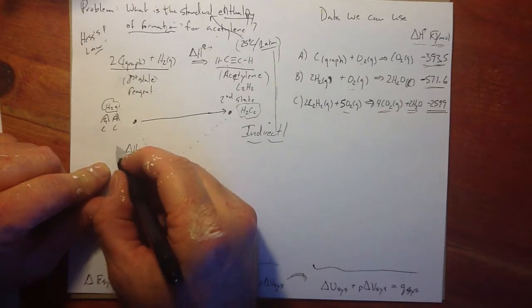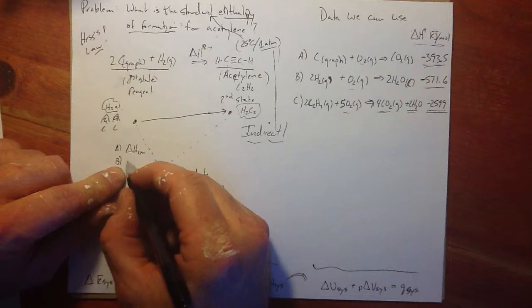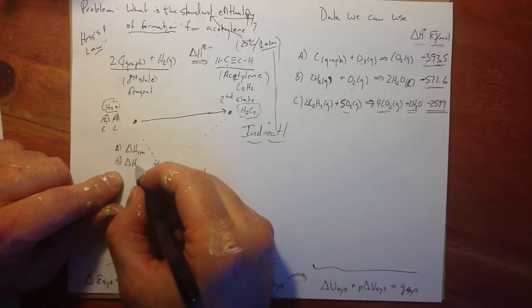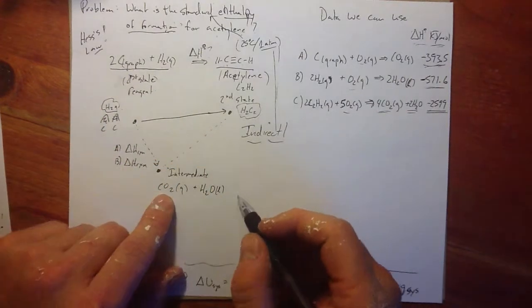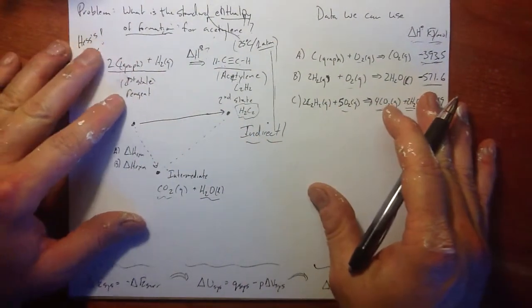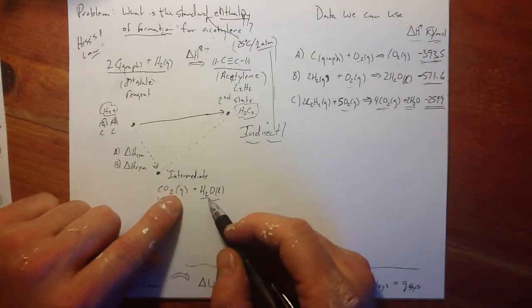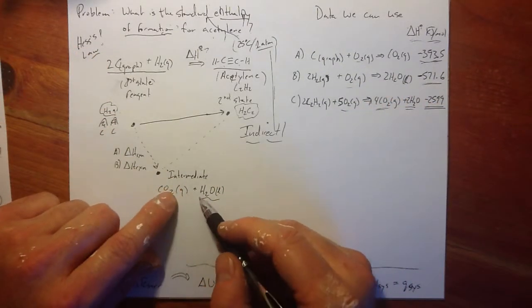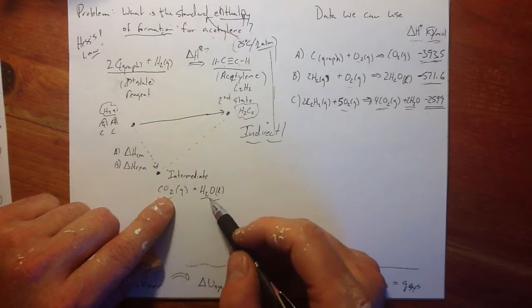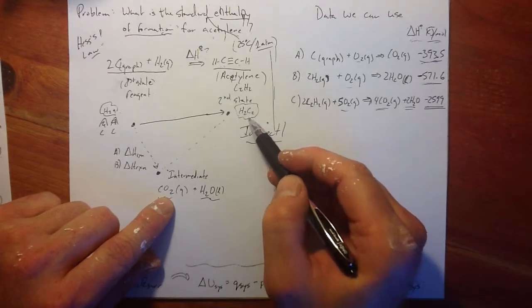So I'm going to put next to these, this is for A and this is B. So you kind of think of it that way now as I'm at this point, I'm at that intermediate. So take a break, take off your pack, relax, pitch a tent, doesn't matter, we're now at this point, and now we can start looking for, is there some way to connect CO2 and water to acetylene, where I want to end up? And I think I have an equation for that.